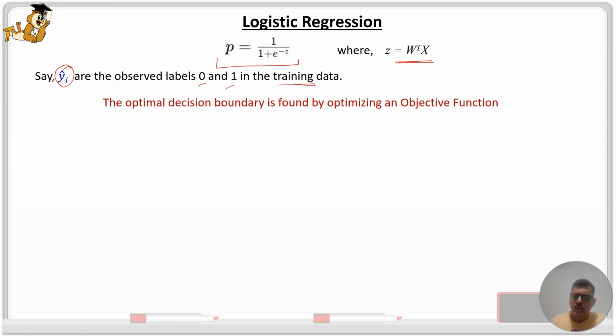What we need to do again over here is find the best weights W. The optimum decision boundary is found by optimizing an objective function. Remember, we have always been finding decision boundaries or finding regression planes by optimizing an objective function. There is a function that we need to optimize.